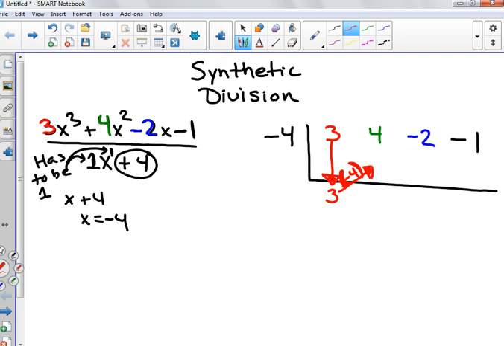And 3 times -4 is -12. All right. So now we're going to add these two numbers and get a -8.